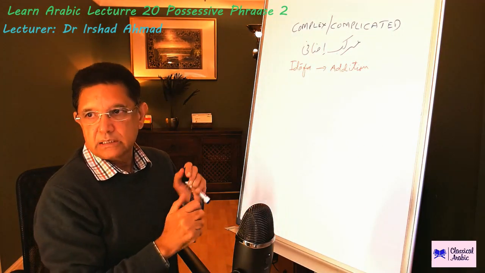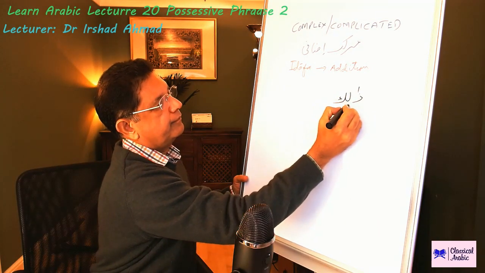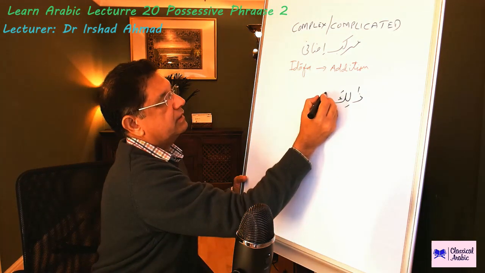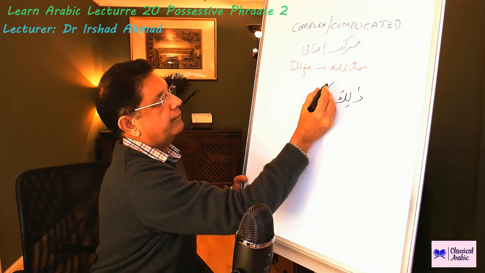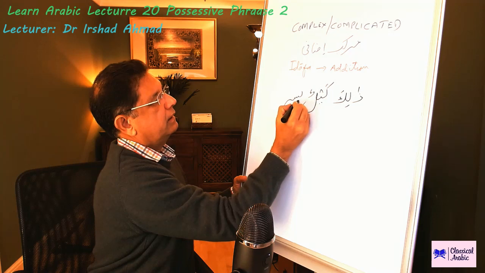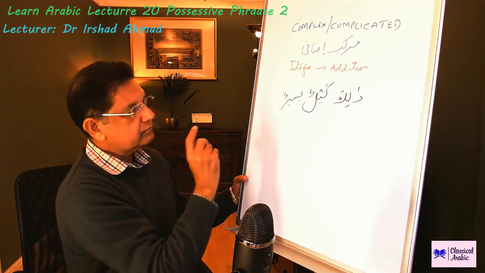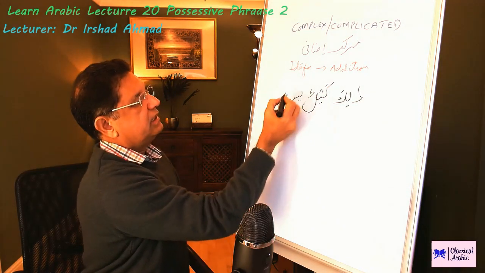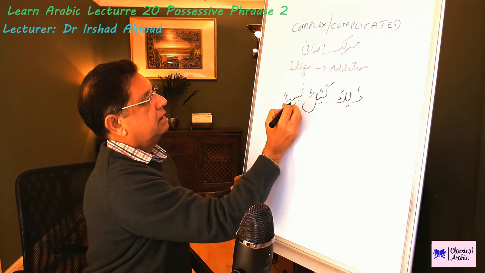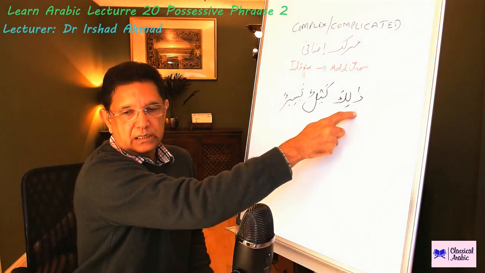It's Zalika kailun yasirun. Kailun yasiran. When we read this with tajweed, we say kailun yasiran. Haza this, Zalika that.